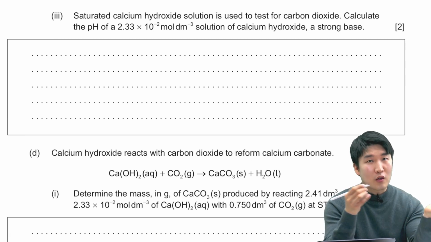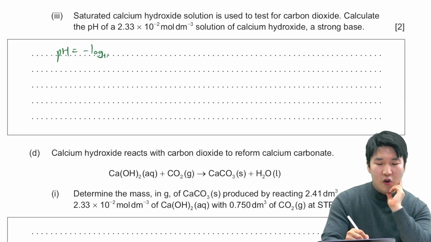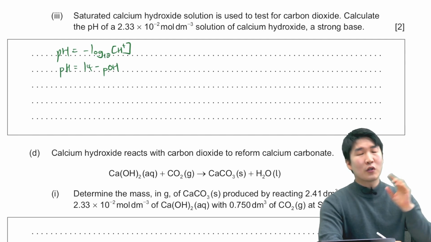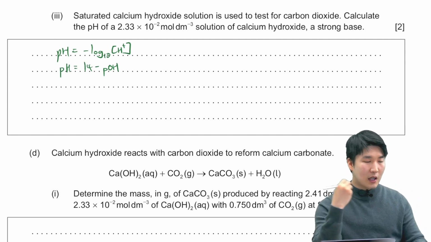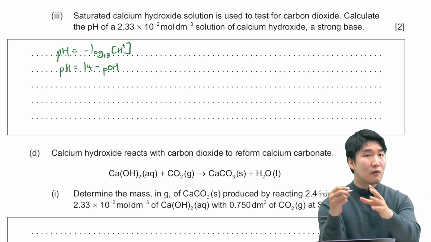Or another way would be knowing the relationship between pH and pOH, where addition of pH and pOH will equal to 14.